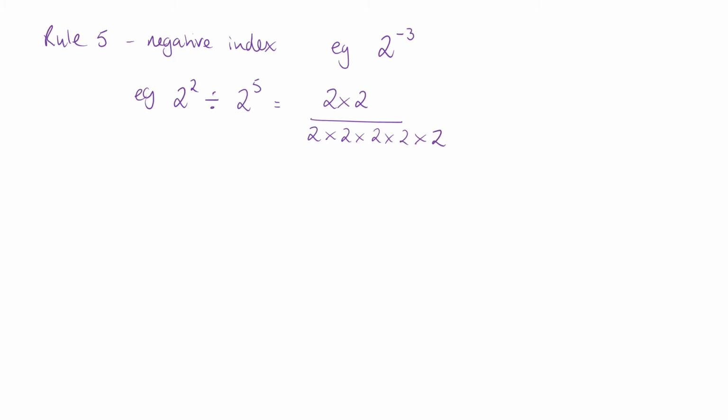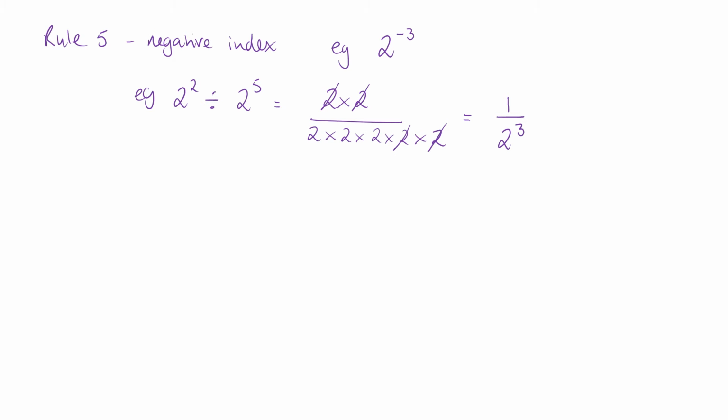Now, because dividing undoes timesing, they are the reverse operation, the 2 2's on the top from the 2 squared will cancel with 2 of the 2's in the denominator from the 2 to the 5, and we have ended up with 1 over 2 cubed.